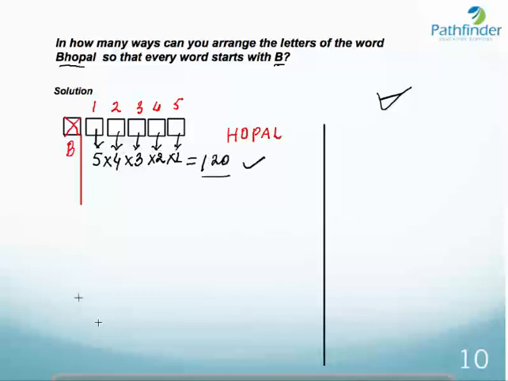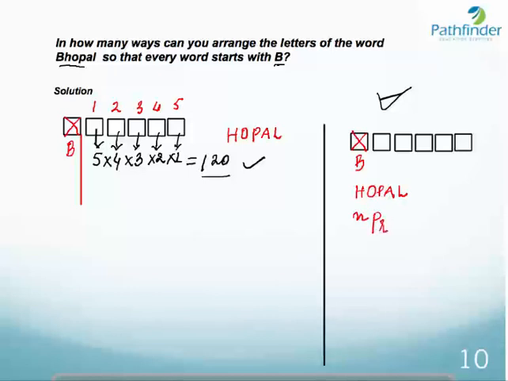Now, if you have to solve this question by the formula, you have to recognize that this seat is not available for filling and the letter B is not available. The rest of the 5 seats have 5 letters to arrange. Which are those 5 letters? Those 5 letters are H, O, P, A, L. So we know that r things can be arranged at n places in nPr ways, which is nothing but factorial n divided by factorial of n minus r.